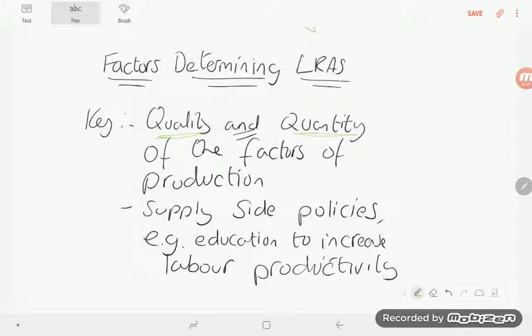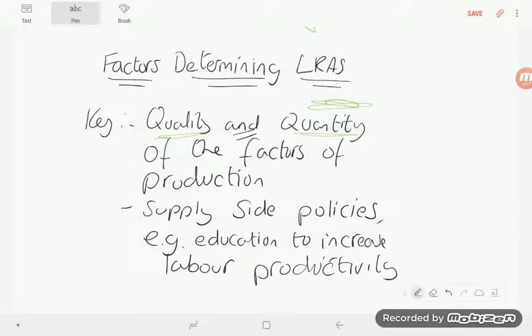So, for instance, if I were to send a large proportion of the population onto a training course, it may be that they develop skills in, for example, computer programming. As they become more skilled in computer programming, we will have a greater quantity of computer programmers, obviously capable of producing more goods and services within an economy.